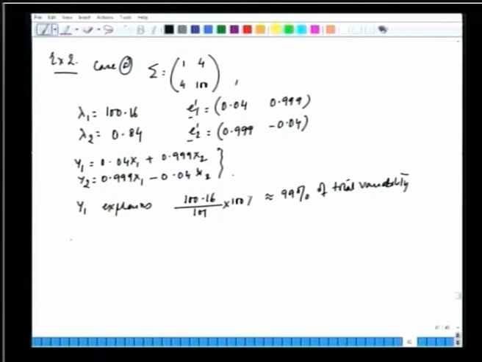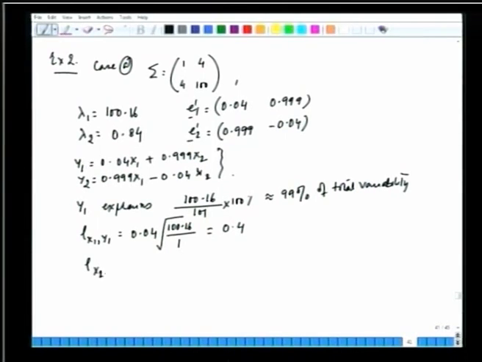And then I consider the correlation coefficients also. I have rho x1 y1. This is important, and only the first eigenvector is coming into the picture. This is the E11 part, and then I have the standard deviation of the first principal component, 100.16, divided by sigma 11, that's 1, and this is giving me 0.04, actually not 0.04.